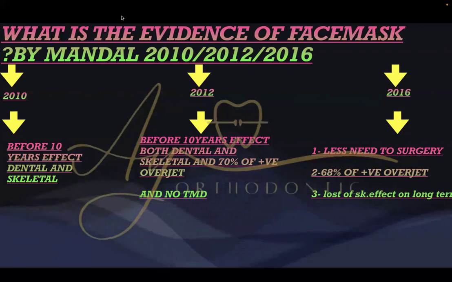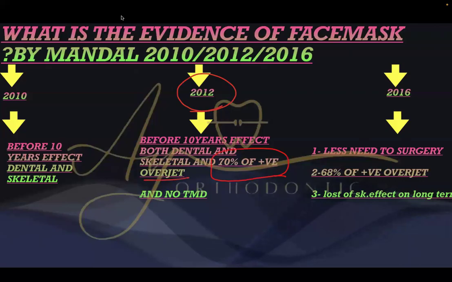Okay, and in 2012, before 10 years old, I also have both effects, dental and skeletal, but adding that it will gain 70% positive overjet, and I have no temporomandibular disorder.